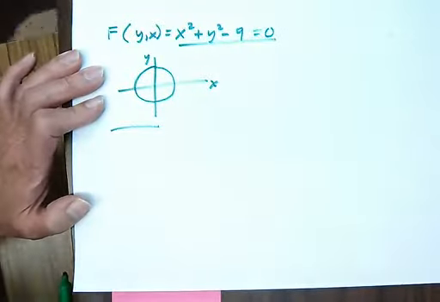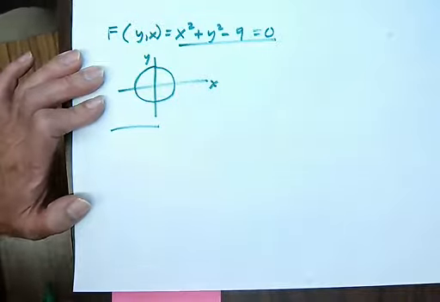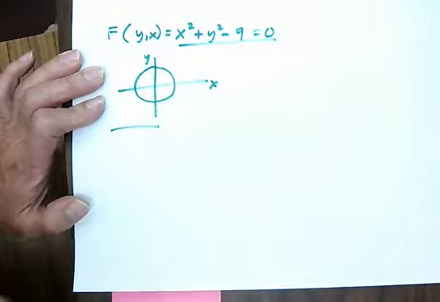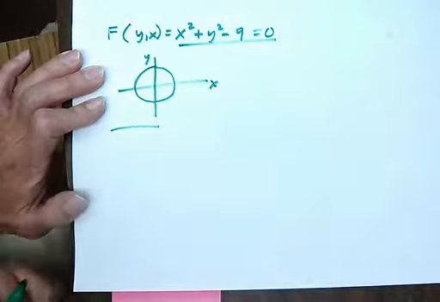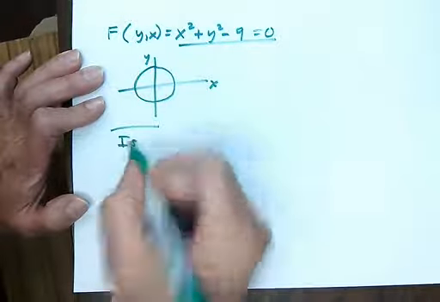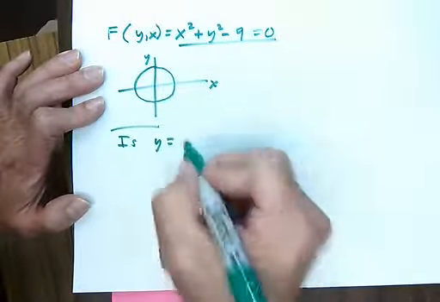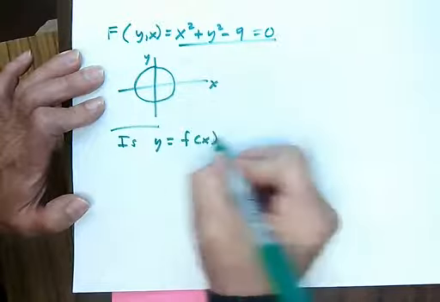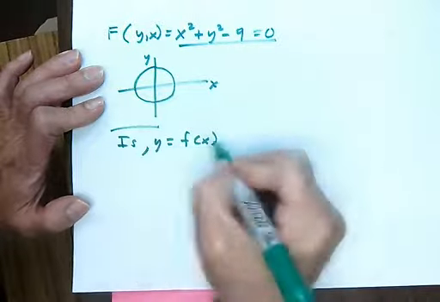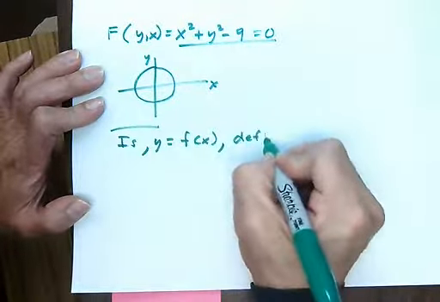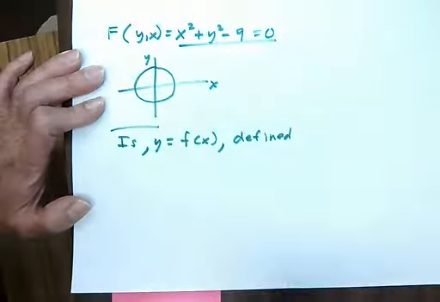And here's the question we want to ask ourselves: given this capital F equation, x squared plus y squared minus 9 equals 0, is the implicit function, where y is expressed explicitly as a function of x, defined around a given point?